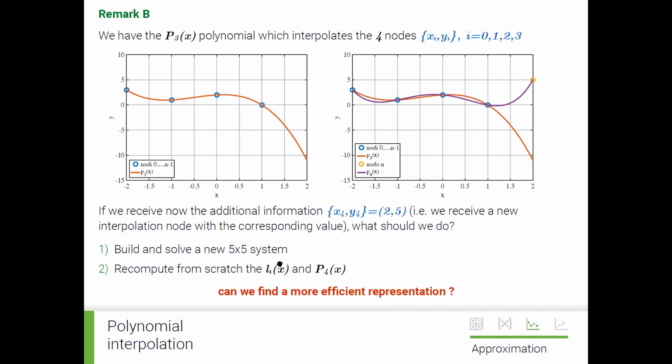Yeah, we need to build a new 5 by 5 system because now we have how many nodes? 5 nodes. It was 4 nodes, but now we will have 5 nodes, and we need to build a 5 by 5 system and solve it. Or if you work with the second method, we need to recompute this Li. Li in this case is changed.